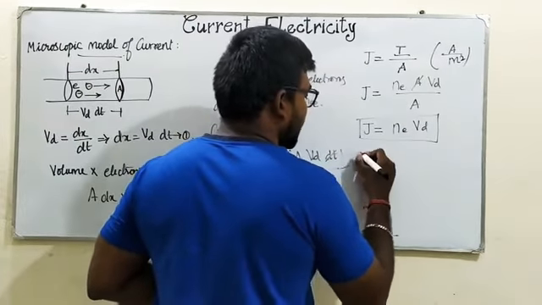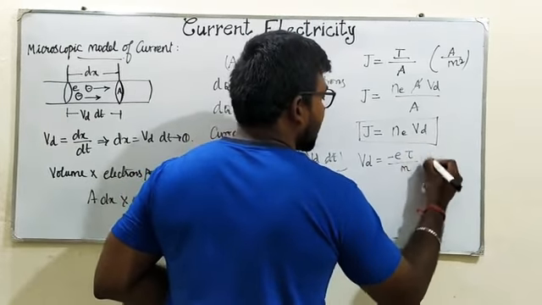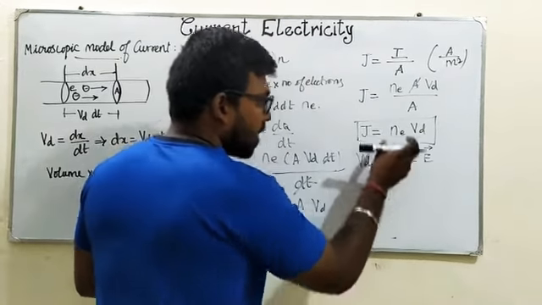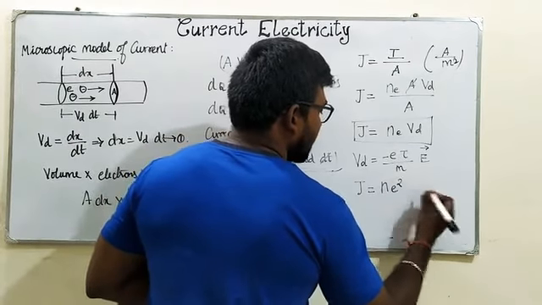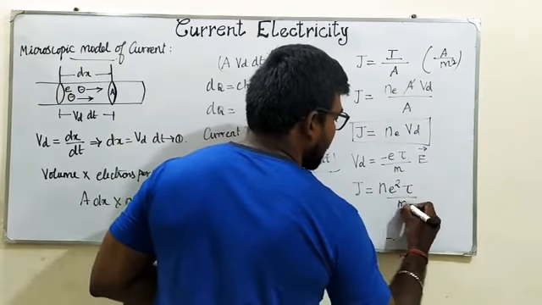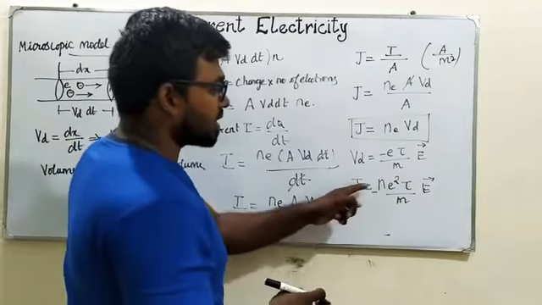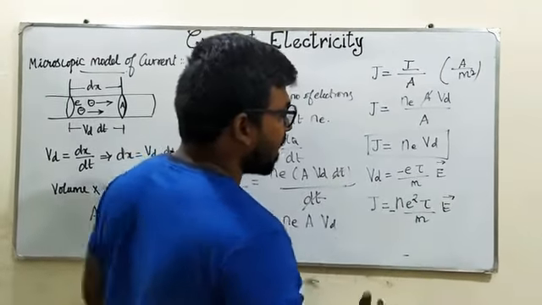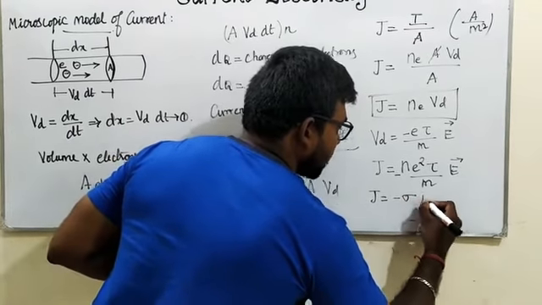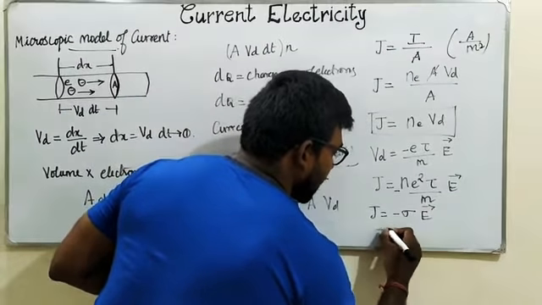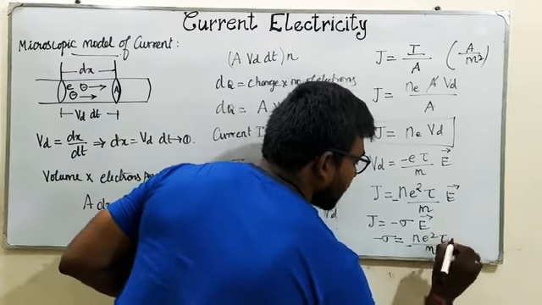Substituting the value of Vd, we know that Vd equals minus e tau by m E vector. Substituting this in the equation, J becomes n e square tau by m into E vector, that is, J equals minus n e square tau by m E vector. So this can be written as J equal to sigma E vector, where sigma is equal to n e square tau by m.